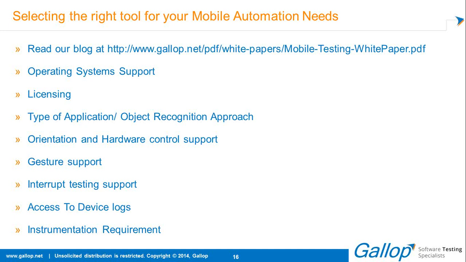But most of the open source tools that you consider, if you have an iOS application, you need the Xcode project, you need a developer account, and then you will have to run your scripts only on a Mac, versus Android, which you can run on both Windows and Mac. So if you are a Windows only shop, you might want to consider a commercial tool that supports running your iOS, Android, and Windows applications from a Windows machine.